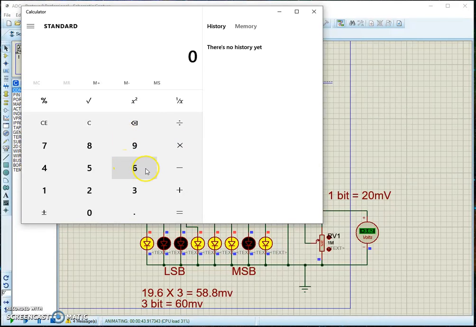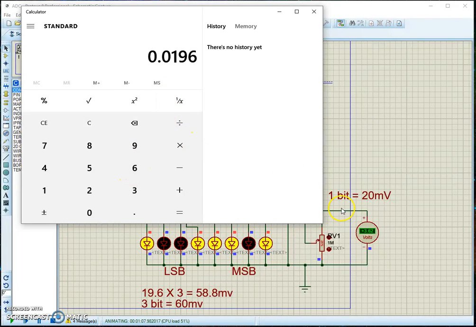We know that 1 bit is equal to 20 millivolt, or actually it's 19.6 millivolt, or equal to 0.0196 volt.